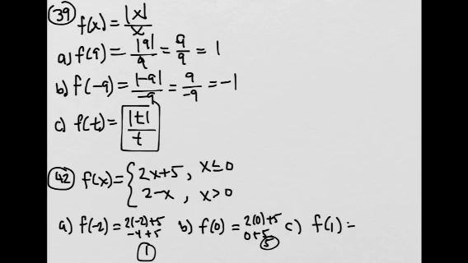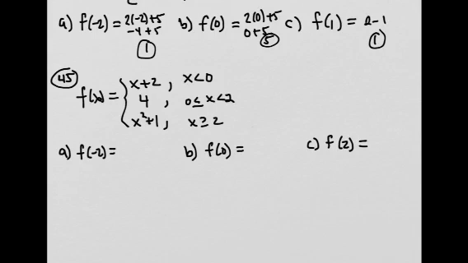And then the last one, f of 1. Well, 1 is greater than 0, so it would go here in this domain. So that means I'm going to use this piece of the function right here for part C. So it's going to be 2 minus 1, and so the answer is 1.